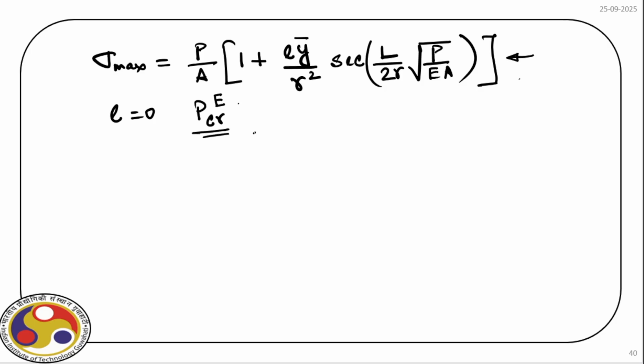Okay. Now let us consider a different case and see how we can derive the expression for the deformed shape of a column which is cantilevered but having an eccentricity of e.